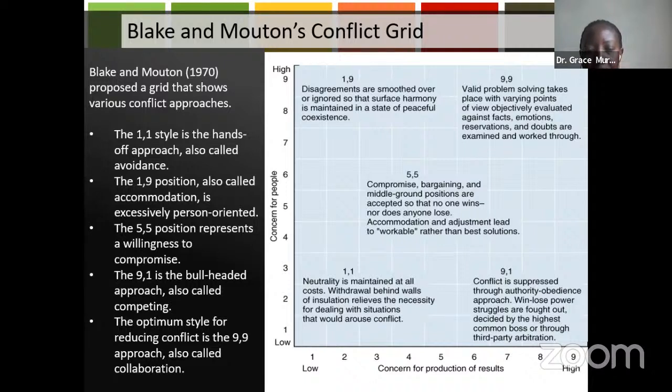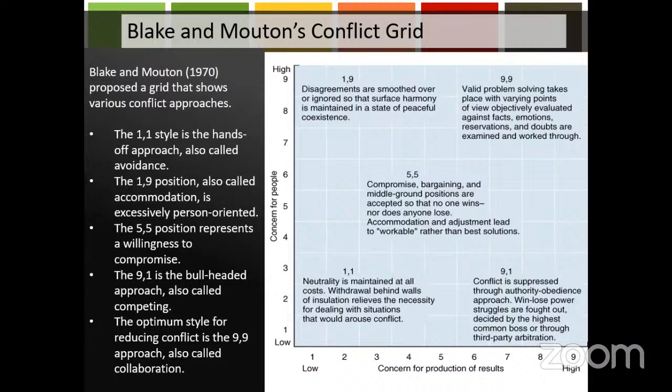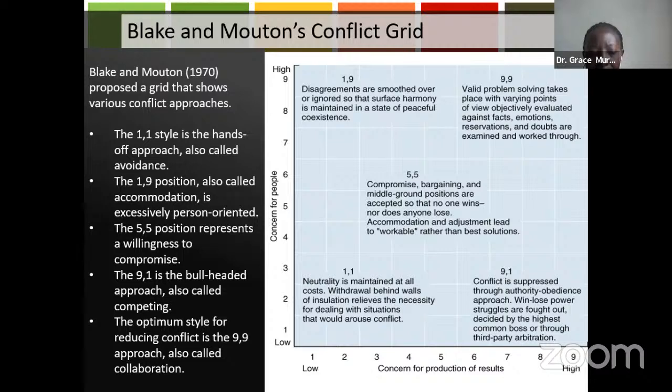But because organizations exist to achieve certain goals, we must also be concerned for production. There must be something that makes us exist, a goal to achieve our objectives too. So both are important, concern for people and concern for production. When you're dealing with conflicts, we must be able to balance the two.